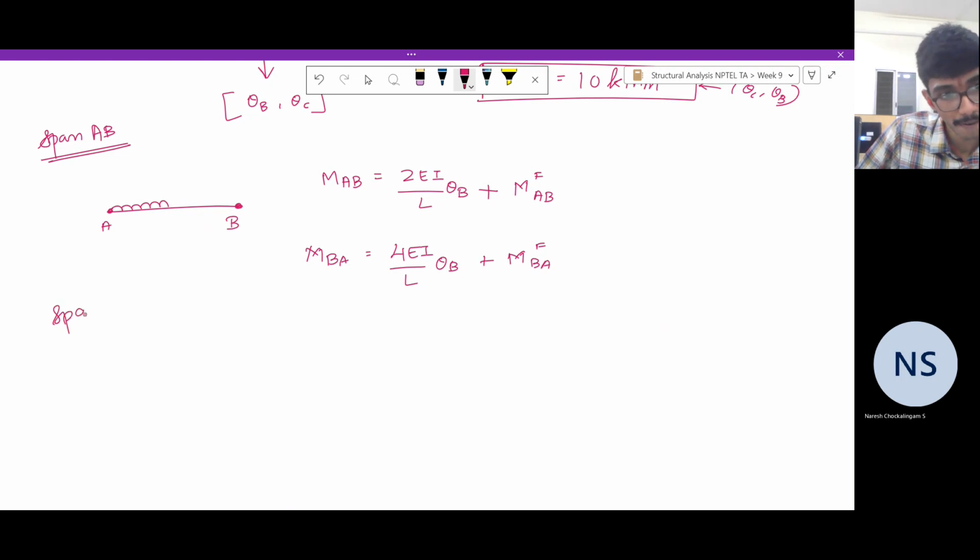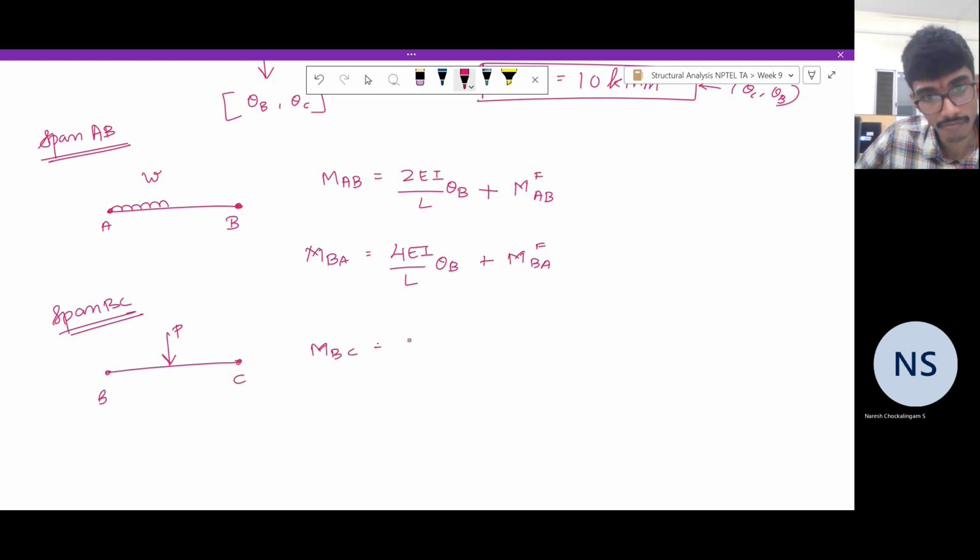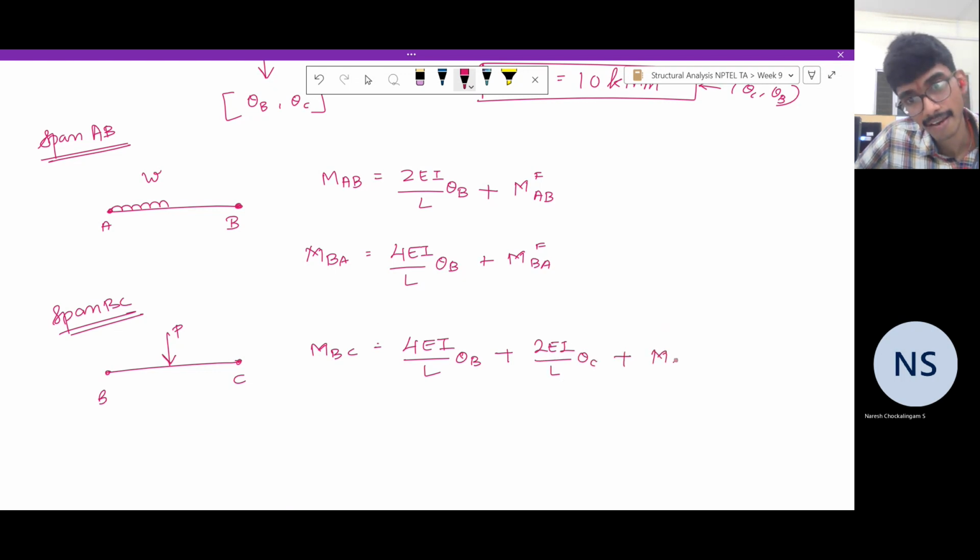Coming to span BC, you have a point load at the middle. So MBC is equal to 4 EI by L theta B plus 2 EI by L theta C plus MBCF.